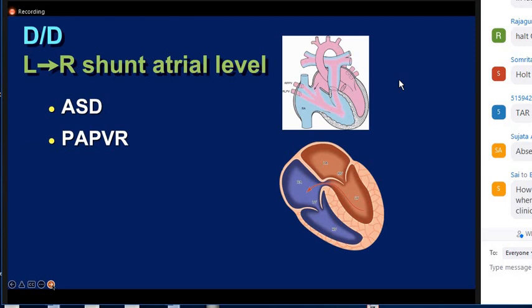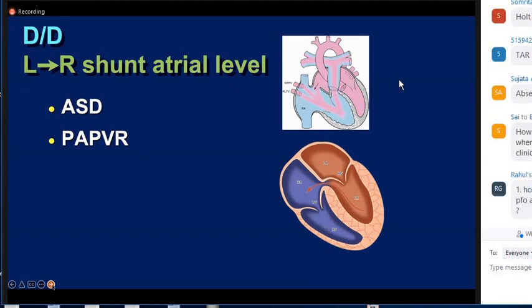In case of PAPVR, the shunt is either at the vena cava level, like a vertical vein, with one pulmonary vein draining vertically and then draining to the innominate vein, or two pulmonary veins may be draining to the superior vena cava, or a pulmonary vein draining directly to the right atrium is possible.